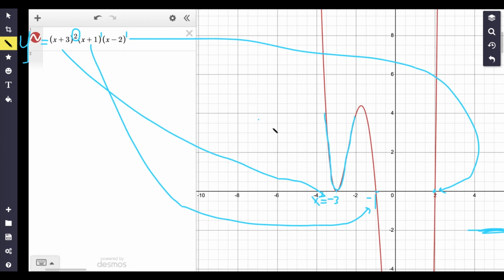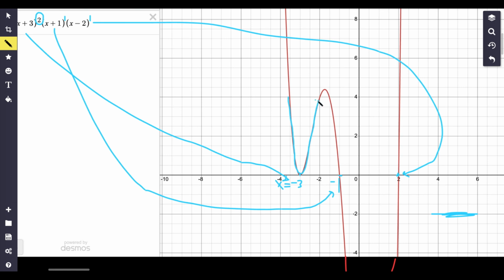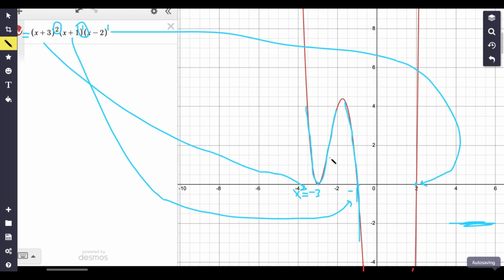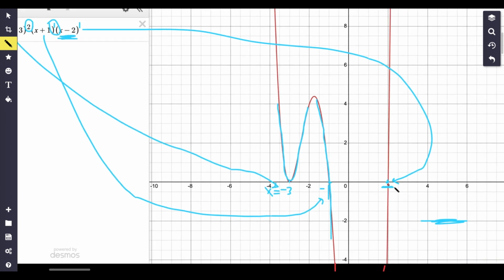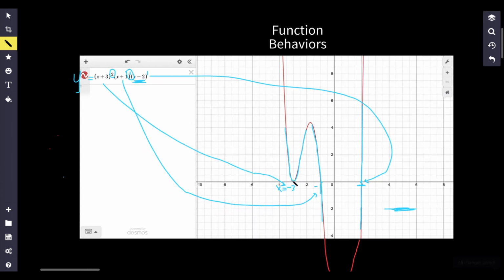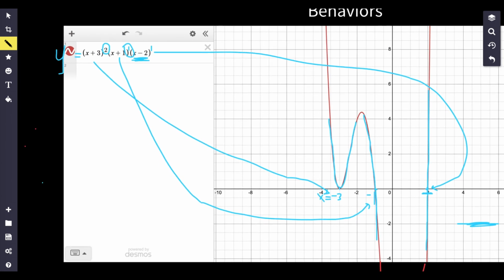While if we have the root that corresponds to (x + 1), aka negative 1, you notice that this function switches from one side to the other. And when you have (x − 2), the root that corresponds to that is x equals 2, and once again this function switches from one side to the other. So that's the behavior of polynomial functions.